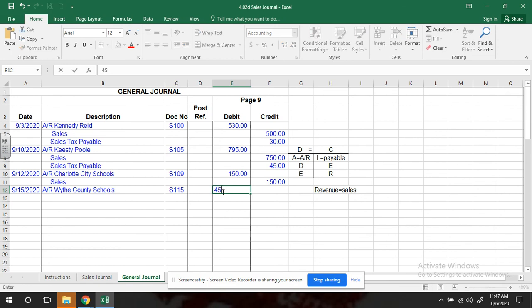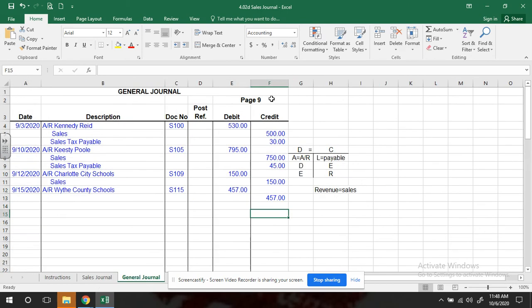And their dollar amount was $457, and they are tax exempt, so we don't have to do anything with the sales tax stuff. So again, my debits equal my credits. And that is that, ladies and gentlemen.